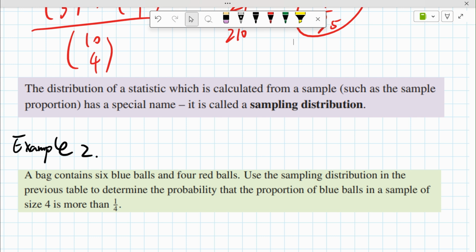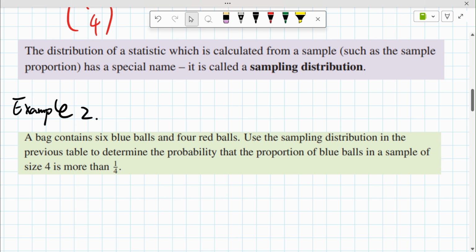So here is a bag of 6 and 4 balls together, 10 balls: 6 blue balls and 4 red balls. Using the sampling distribution in the table, determine the probability that the proportion of blue balls in a sample of size 4 is more than a quarter.